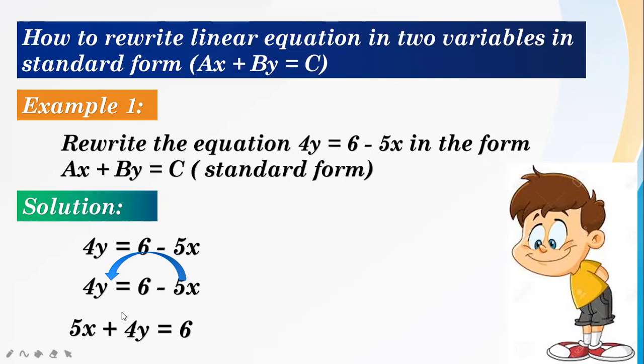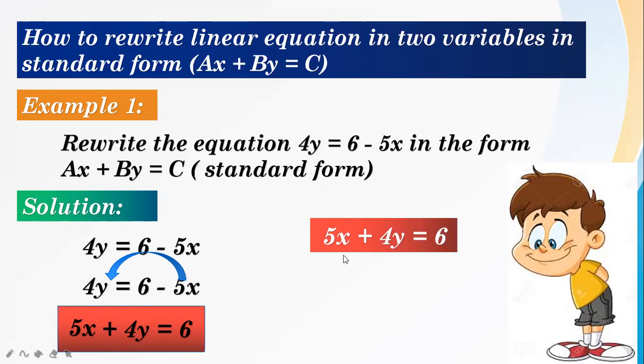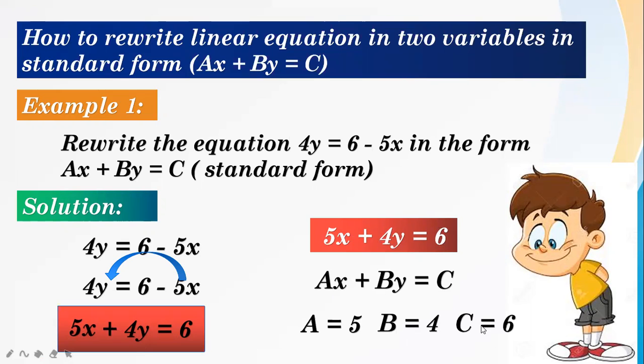Therefore, this will be your standard form: 5x plus 4y equals 6, written in the form ax plus by equals c, wherein a is 5, because the coefficient of x is 5, and the coefficient of y is 4, that will be your b. Then c is the constant, 6.